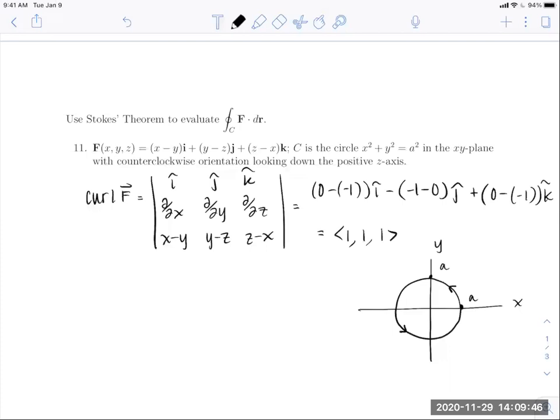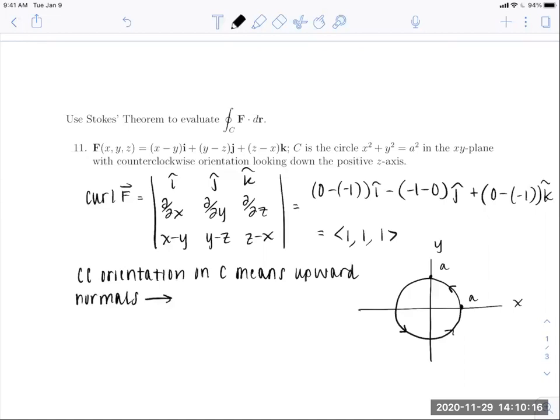So we want to be walking in this counterclockwise direction, which means our normals need to be pointing upward. All right, so I'm just going to make a note here: counterclockwise orientation on our curve C means upward normals.